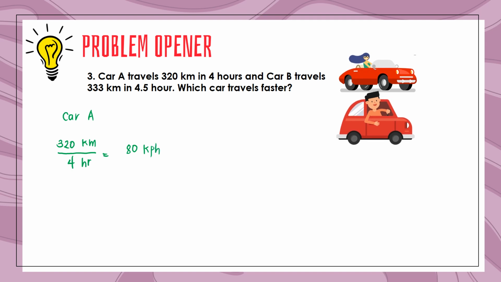This is the average speed of car A. Next, let's have car B. We got 333 kilometers over 4.5 hours. Inputting this in your calculator, you will have 74 kilometers per hour. So from this, car A travels faster than car B. Which car travels faster? It is car A.